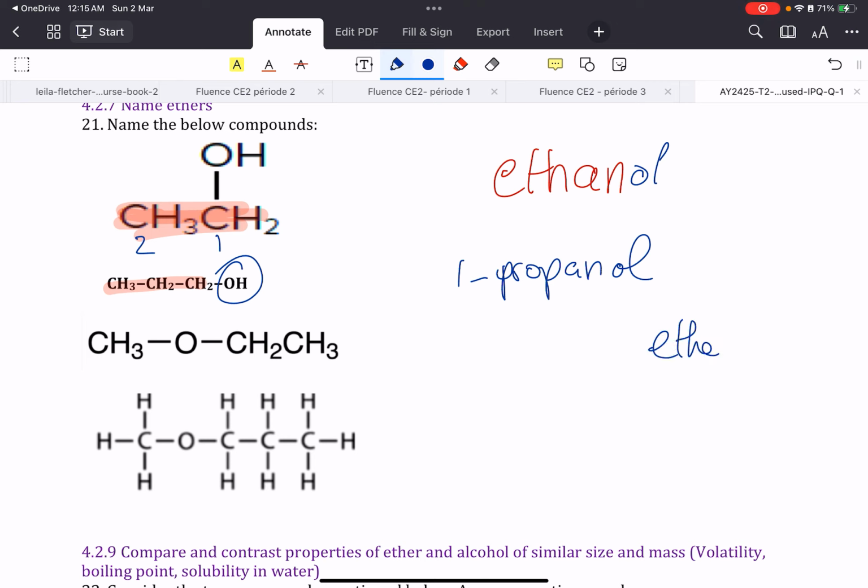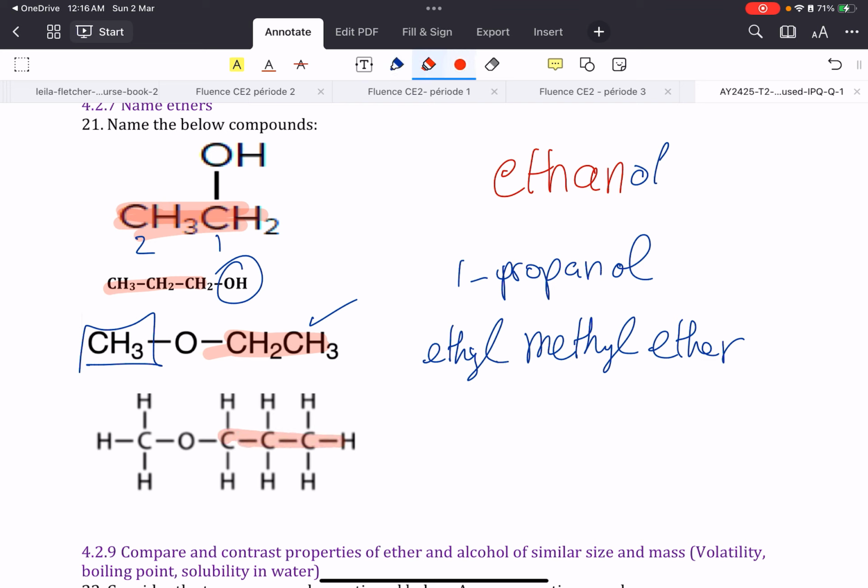Now this is an ether, and in ethers we name each side separately. This is an ethyl, and we place them in the correct alphabetical order. This is ethyl, and over here is methyl ether. Again, this is another ether.